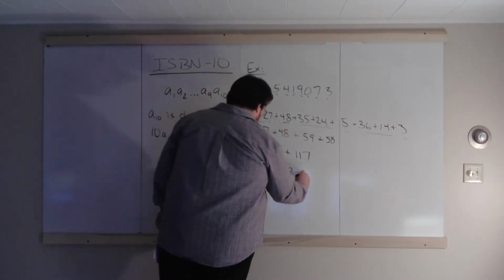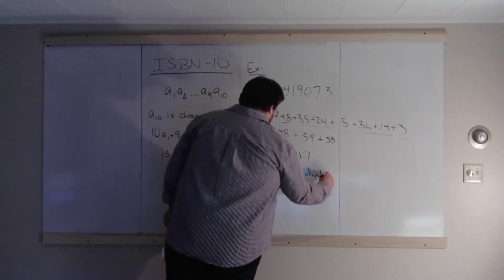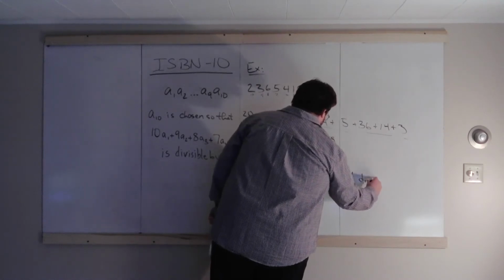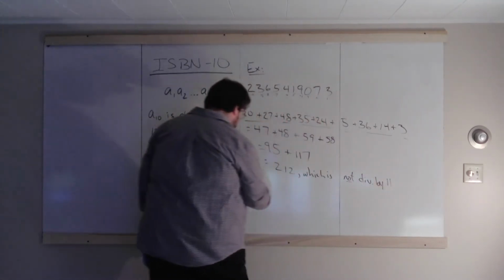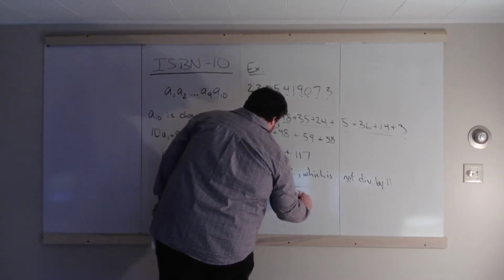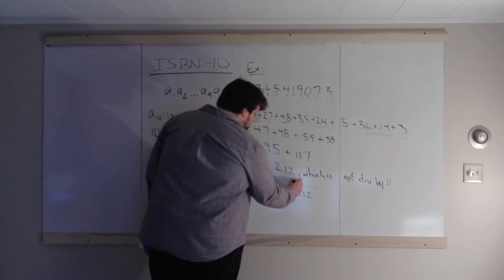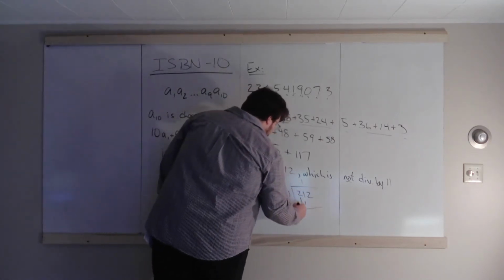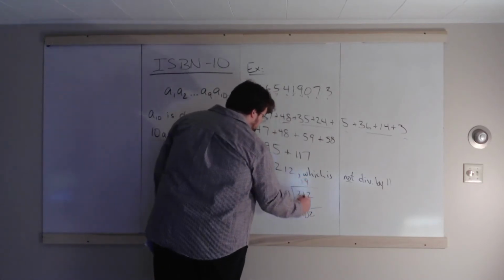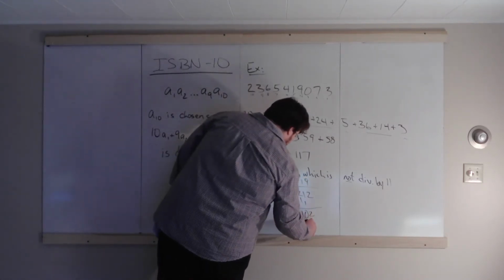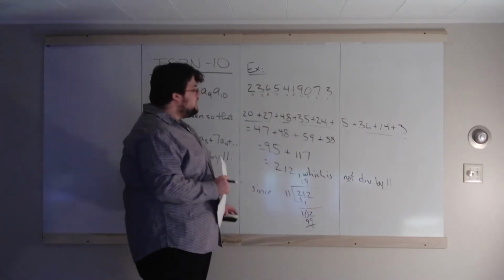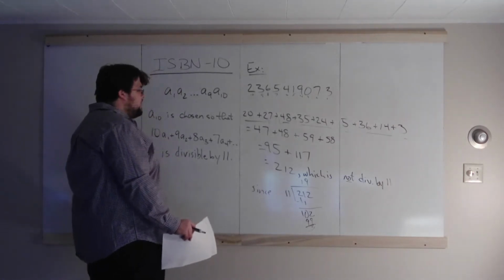So which is not divisible by 11 since, well, what happens if we do the division? 11 into 212. Well, 11 goes into 21 once. Subtract 11, you're left with 10 and a 2, and 11 does not go into 102 because it goes into 99, and then you have a remainder of 3. So right here, not a valid ISBN number.